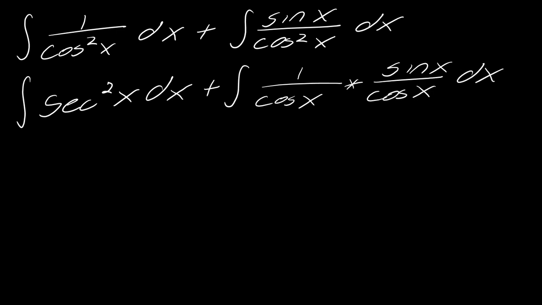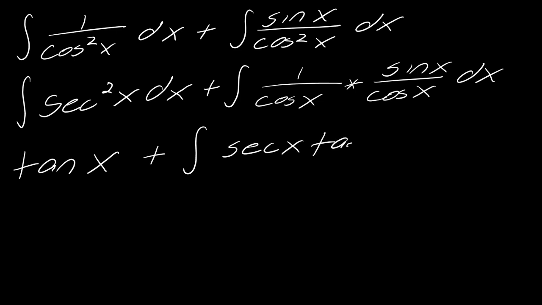The antiderivative of secant squared is just tangent, so this one's done. And for the other one, 1 over cosine is secant x, and sine over cosine is tangent x.